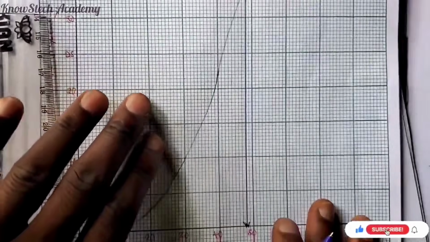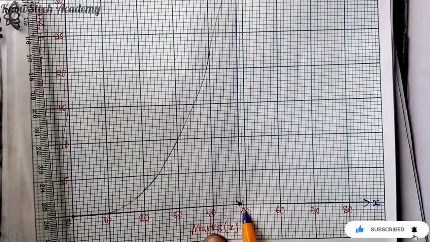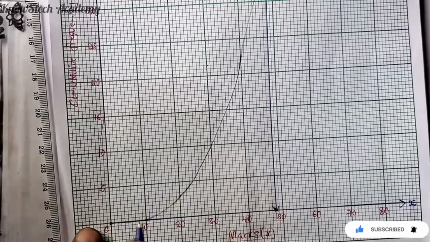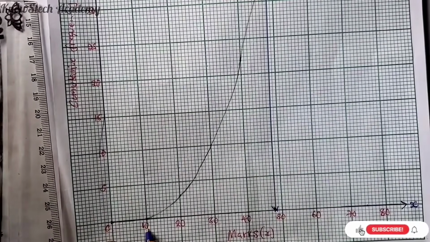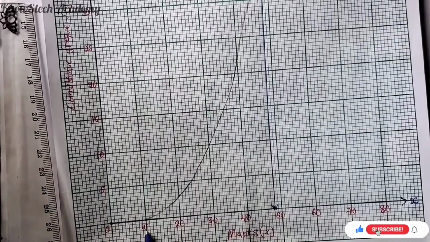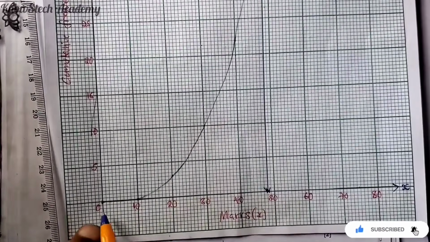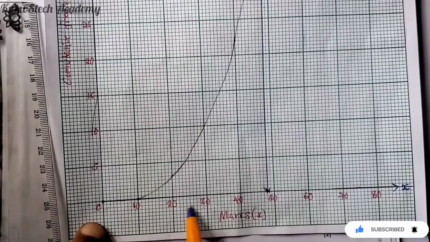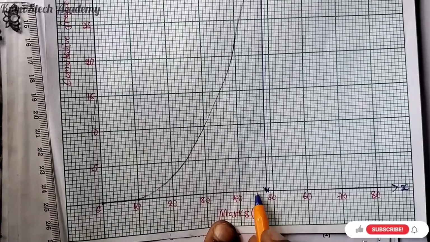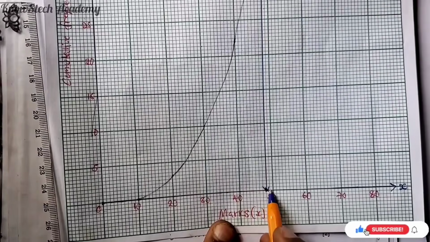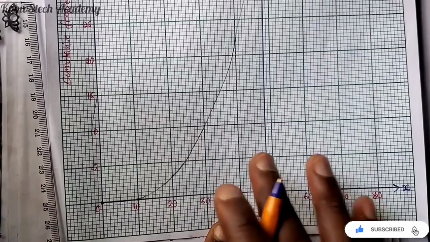Now you ask yourself, what is the value of x here? In the x-axis, it is 10 boxes, or 2 centimeters, to represent 10 units. Then how many boxes do we have? 10. Then the unit is 10, so each box here is 1. So 20, 30, 40, 41, 42, 43, 44, 45, 46, 47, 48, 49, 50. So this is 48.